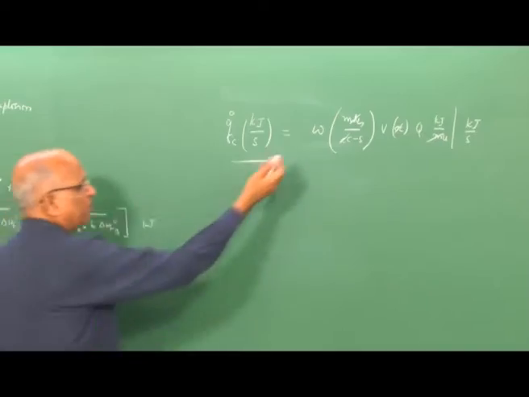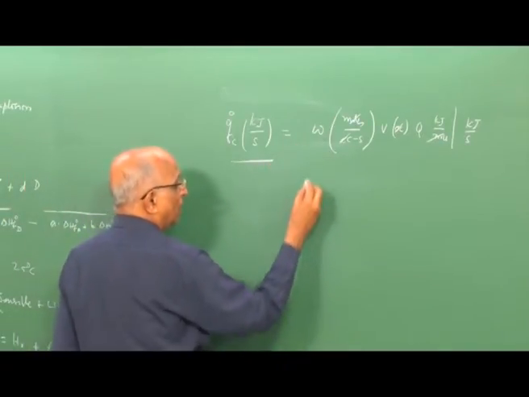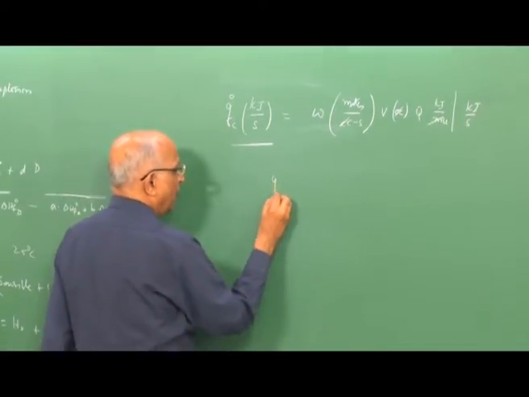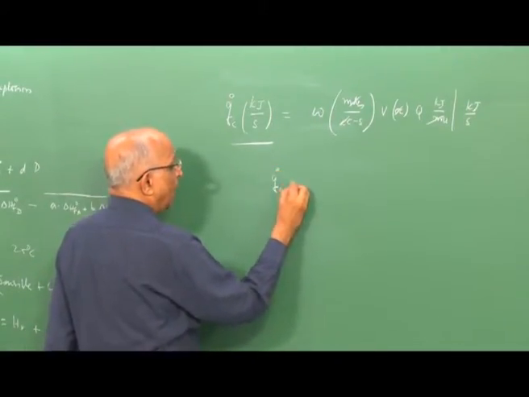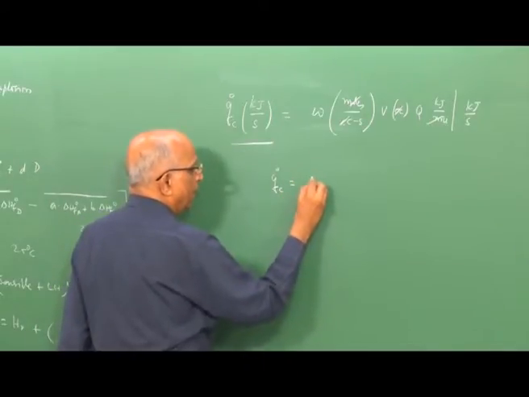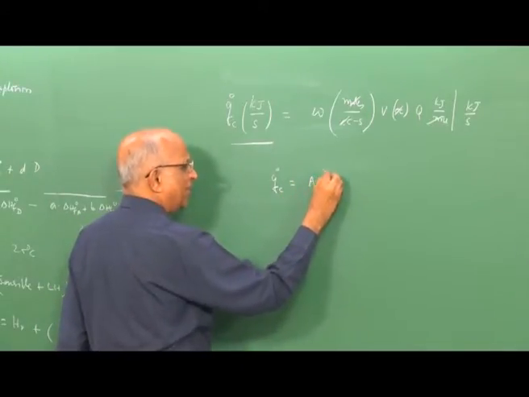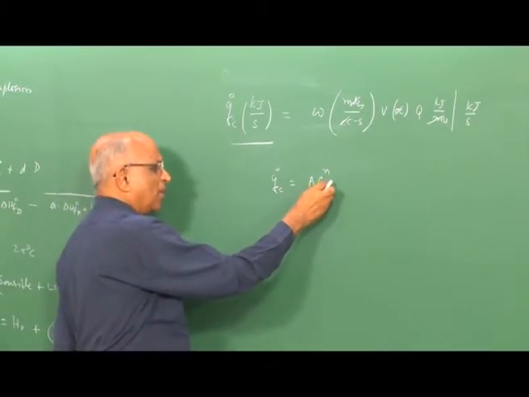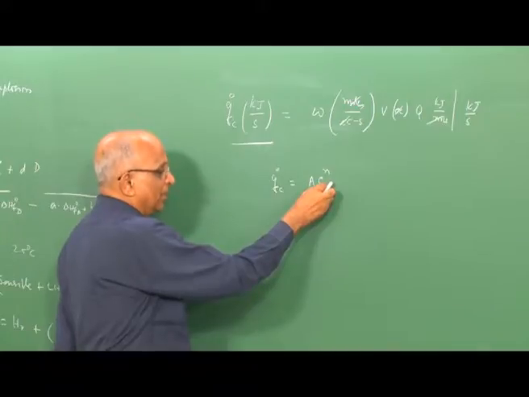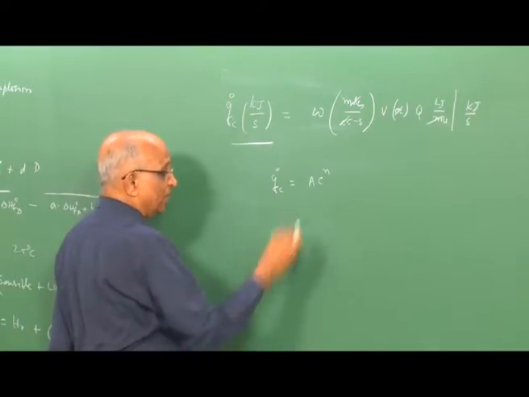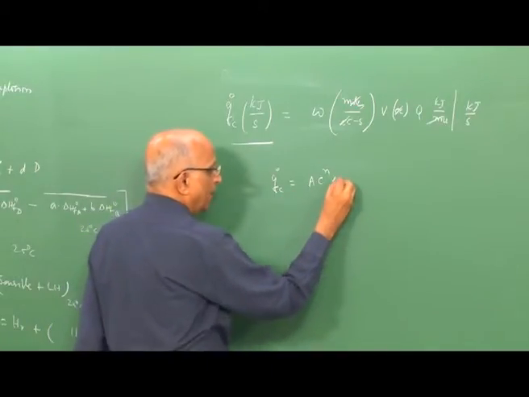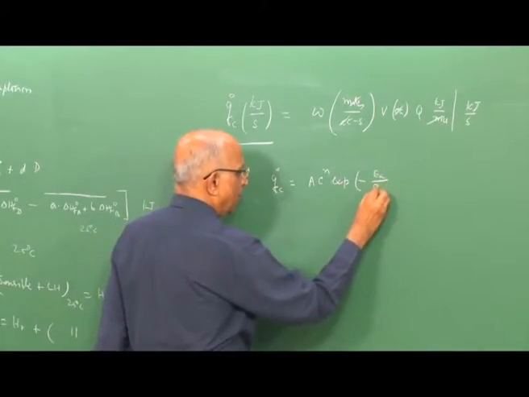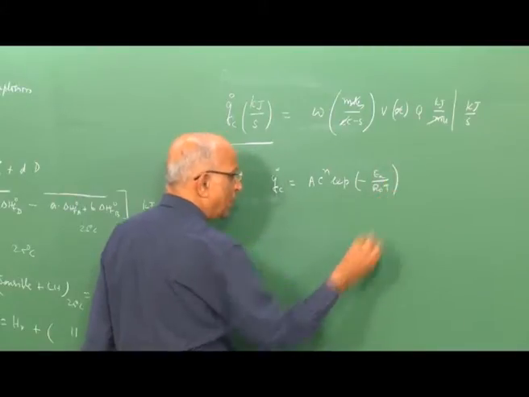We also had the expression for omega, and we said omega is a combination of the reaction rate constant and the Arrhenius law, and we were able to write Qc dot as equal to A into the concentration. We just said any general concentration. If it is a first order or a simple reaction, it is just C. If it is a product of fuel and oxidizer, it could be C squared, into exponential of minus activation energy divided by the universal gas constant into temperature.